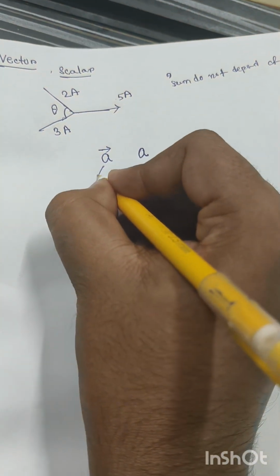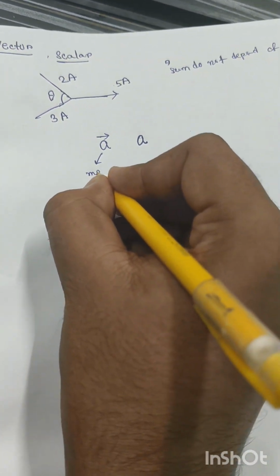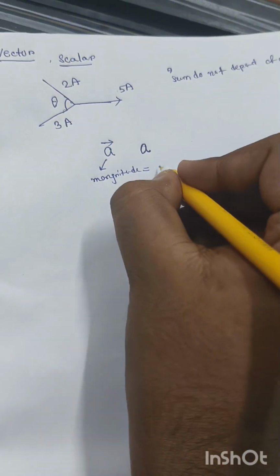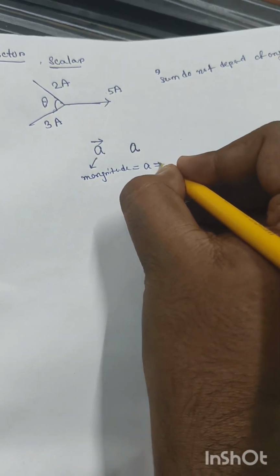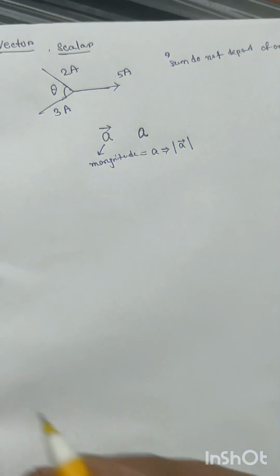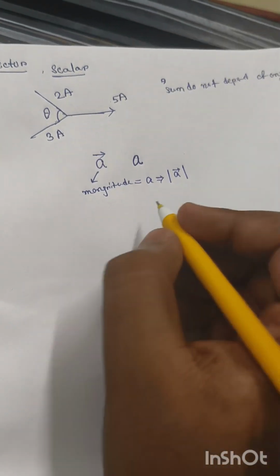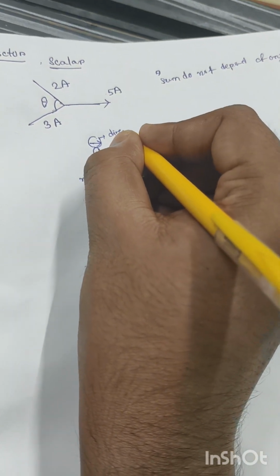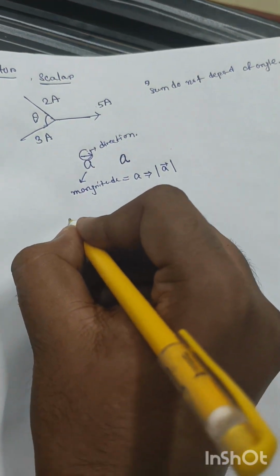For this vector, we know the magnitude is a. Sometimes it's written like that, which means value, and the upper part denotes direction.